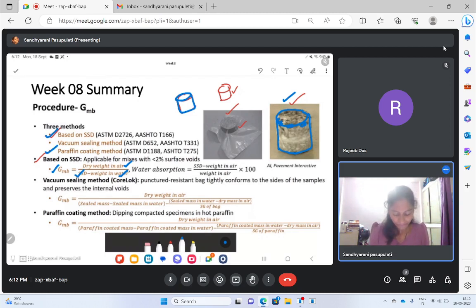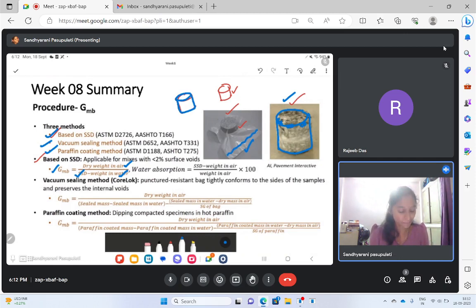In addition to these two methods, there is another method called the vacuum sealing method. This can be applied for both dense graded mixes and gap graded mixes. You can see the specimen, we place it into a polythene cover, apply the vacuum and seal the cover here.